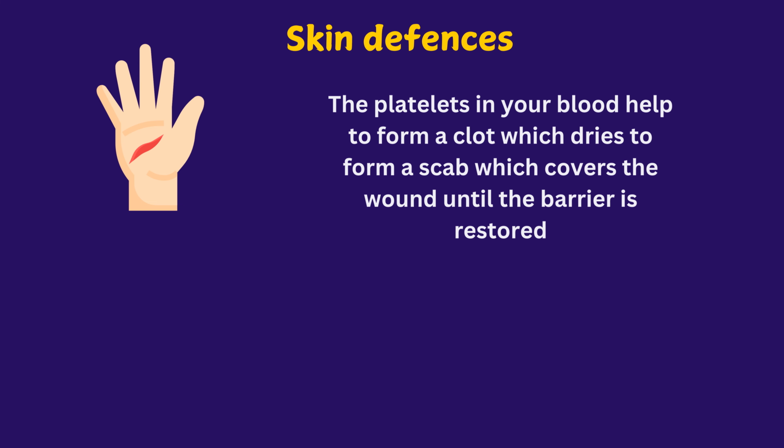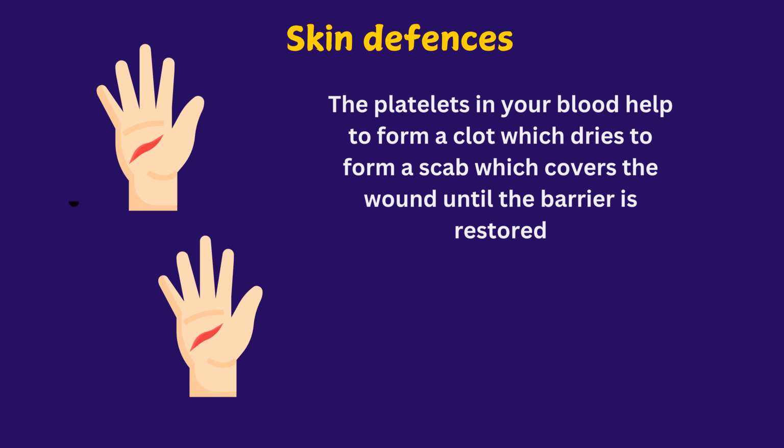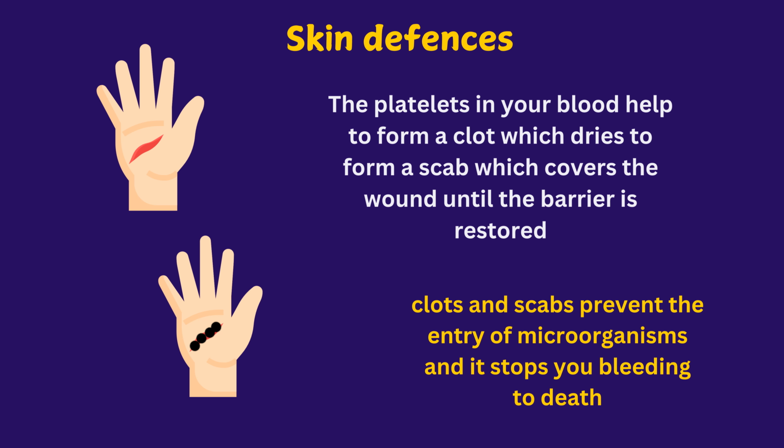Those platelets are responsible for blood clotting, right? So the platelets in your blood help to form a clot, which dries to form a scab, which covers the wound until the barrier is restored. So see, we have our scab coming in, covering the wound to prevent the entry of microorganisms and to stop you bleeding to death.